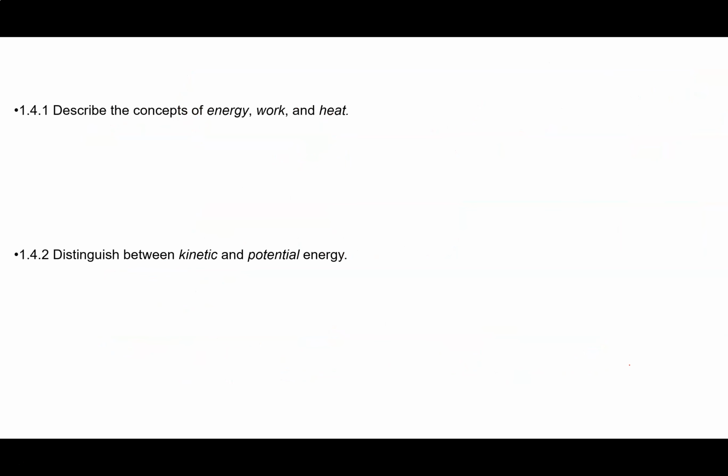Next up is energy, heat, and work. We already know a lot about energy, heat, and work, but in this particular case in chapter 1, we're trying to remind ourselves that energy is the capacity to do work or transfer heat.